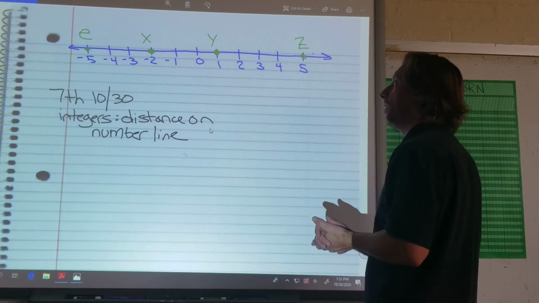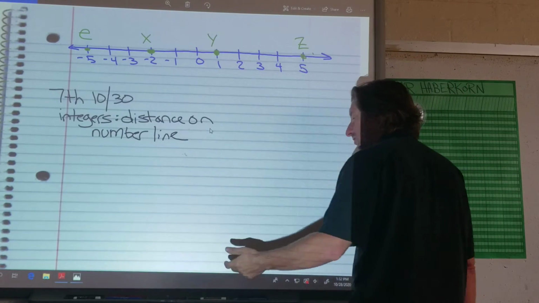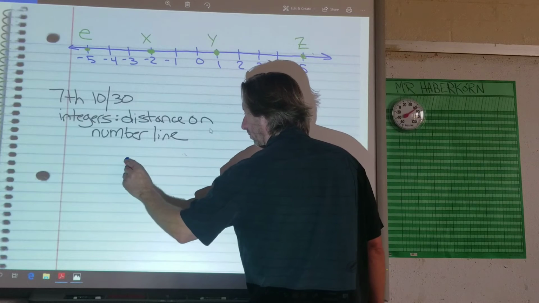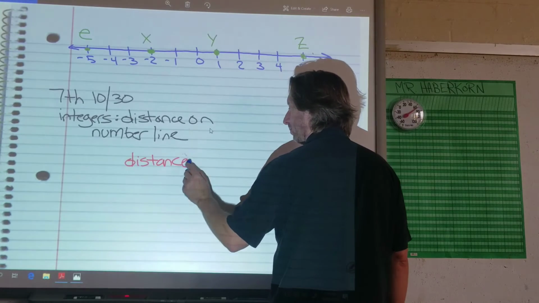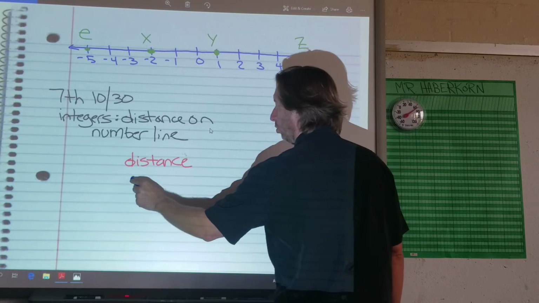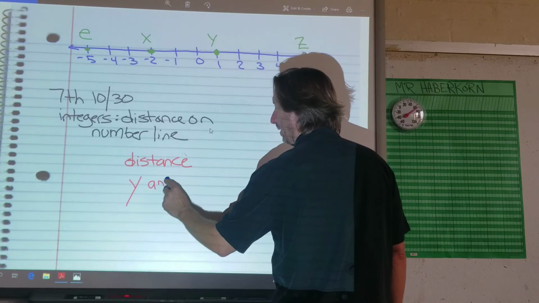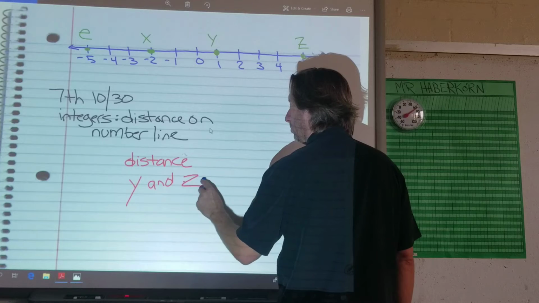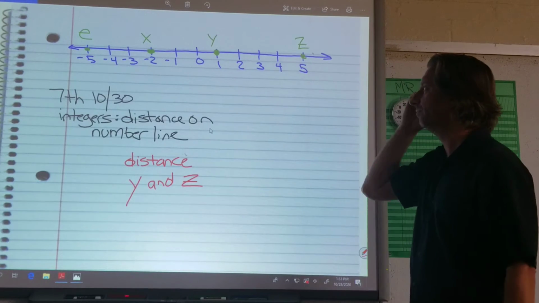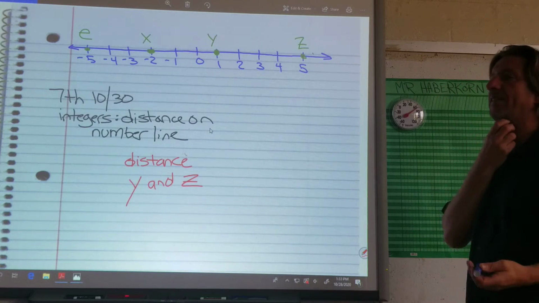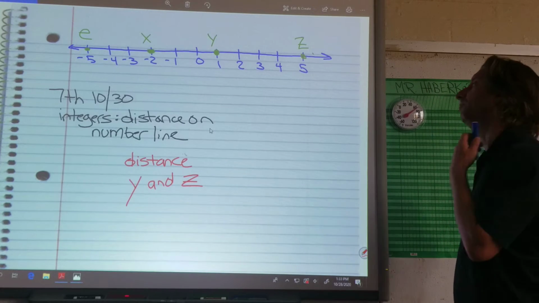All right, so how do we find the distance between them? If I asked you to find the distance between Y and Z, we'll start with an easy one. Now all we have to do to find this distance is draw loops.